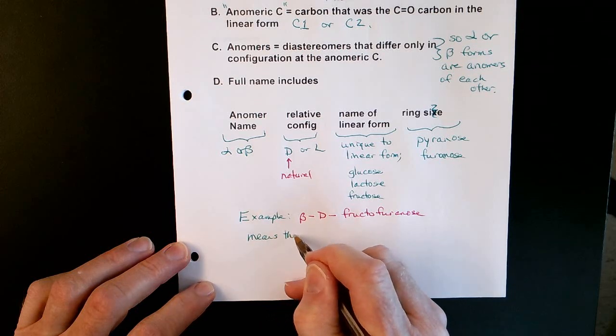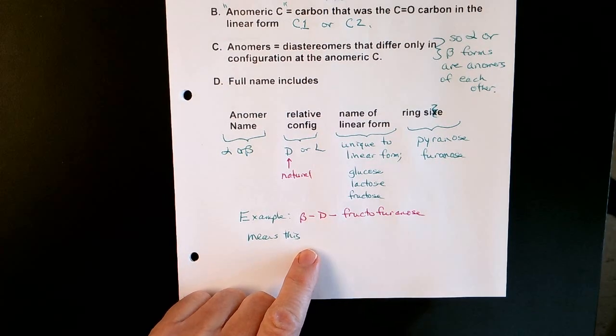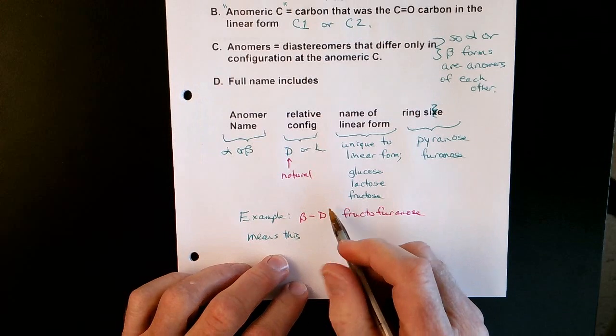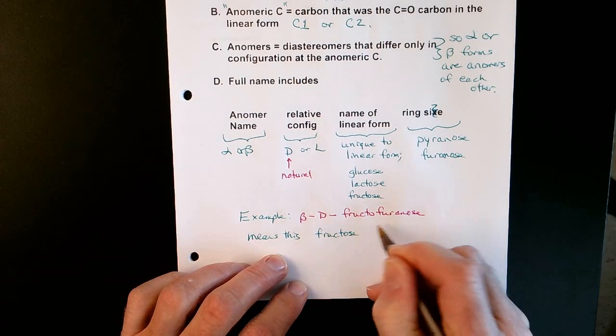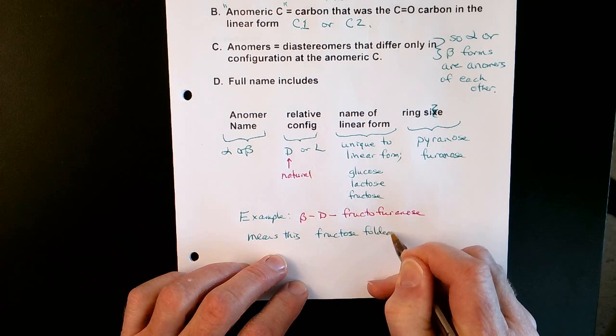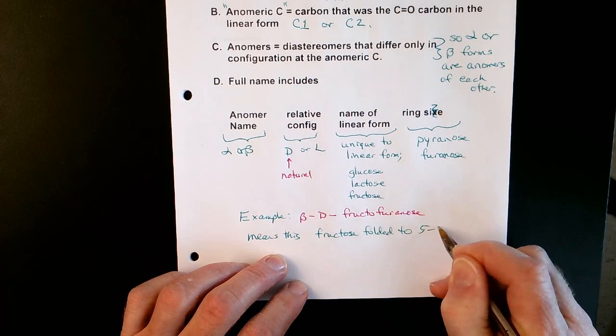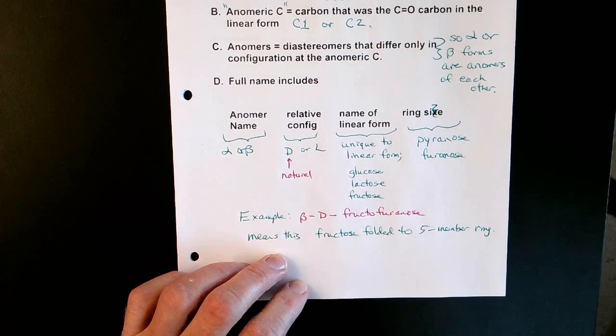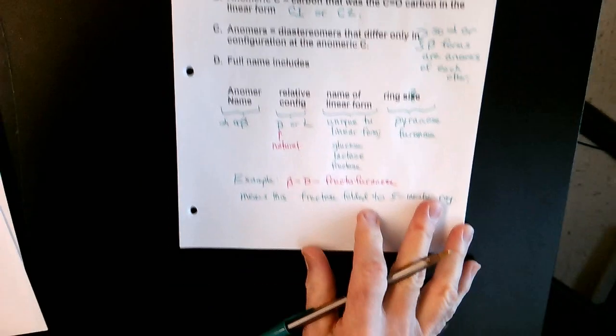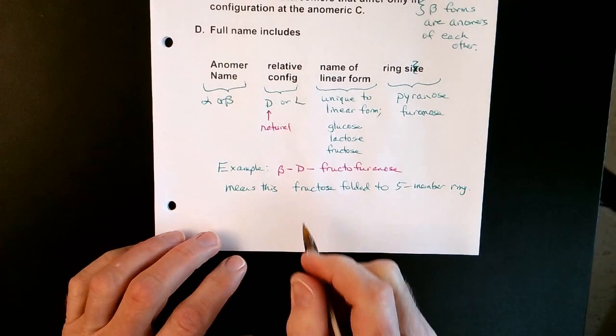It means this. Starting with the word, what you would know is you're looking at fructose now folded into a 5-member ring, which is its favorite.